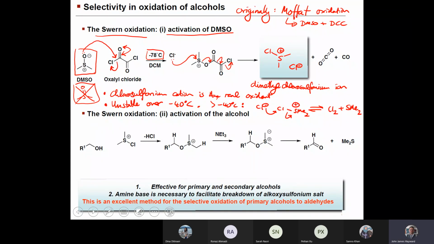This obviously isn't great because that's the end of your reaction and you've just generated chlorine gas through quite an expensive fashion, really.